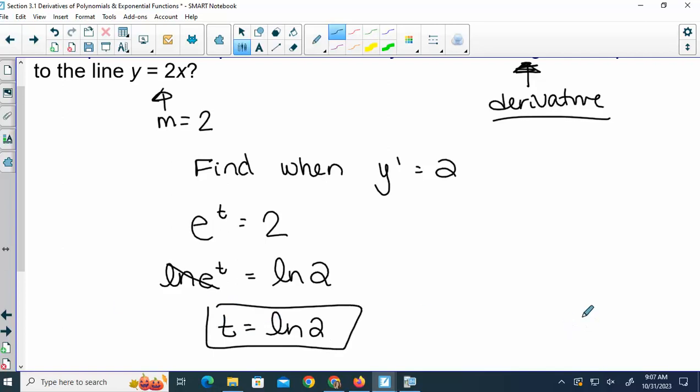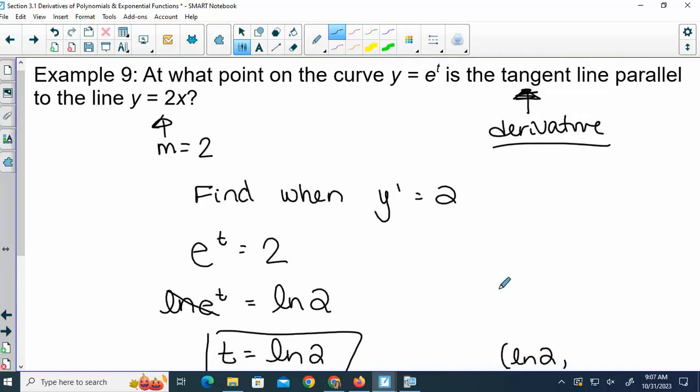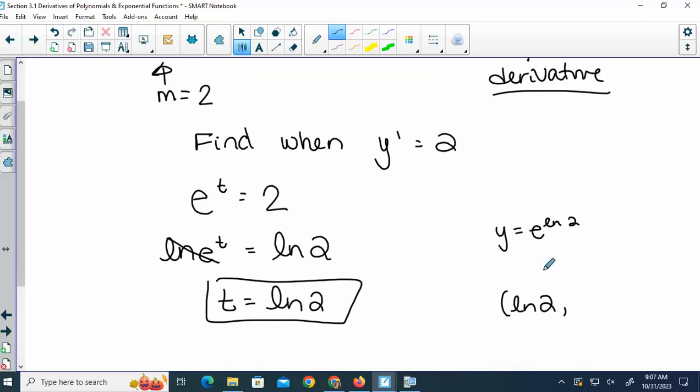If I ask for an ordered pair, the x value is the natural log of 2. If I wanted the y, you'd have to put it back into the original. What happens when you have an e and a natural log? And we would get 2. So the actual ordered pair, if I asked for it: the x is the natural log of 2 and the y is positive 2.